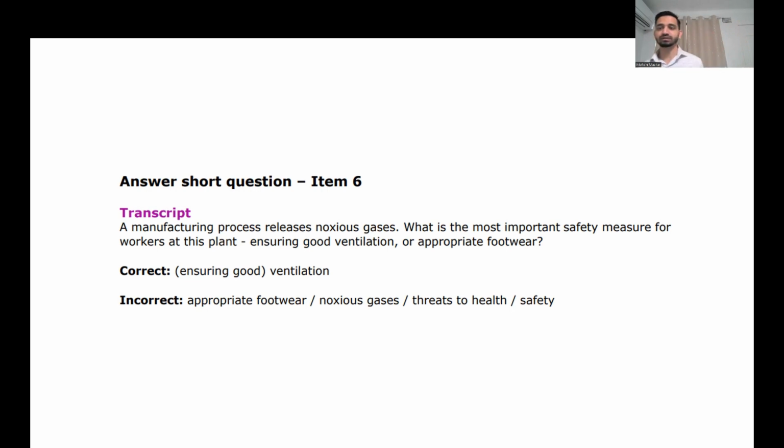I mean, appropriate footwear is very important in a manufacturing facility, but if it's noxious gases, out of these two, what is the most important? Good ventilation or appropriate footwear? If they don't get good ventilation, they're going to get sick. If the appropriate footwear is not there, they probably survive, but that's also important, but this one is more important. So that's how you will rationalize this and you will come up with ventilation.